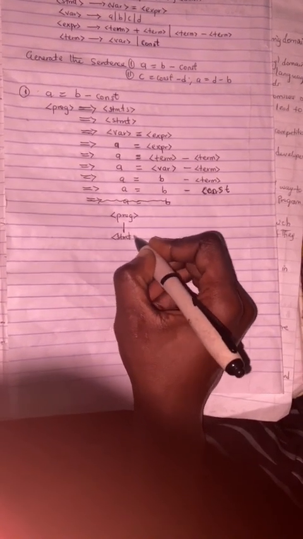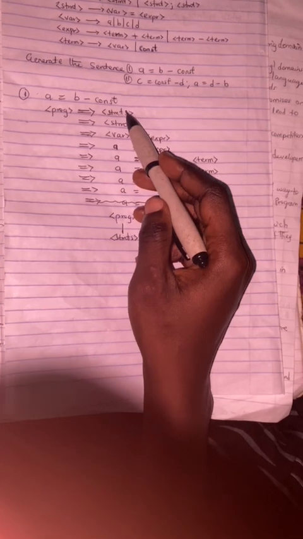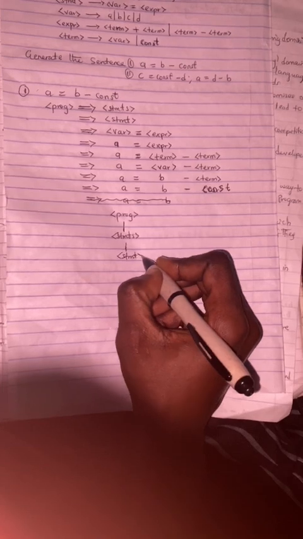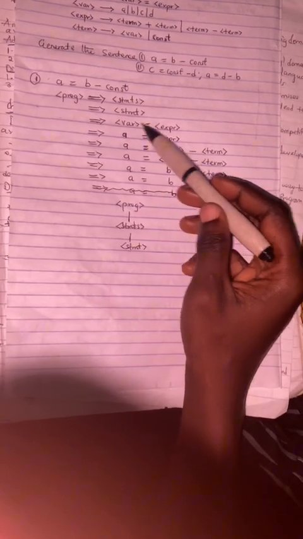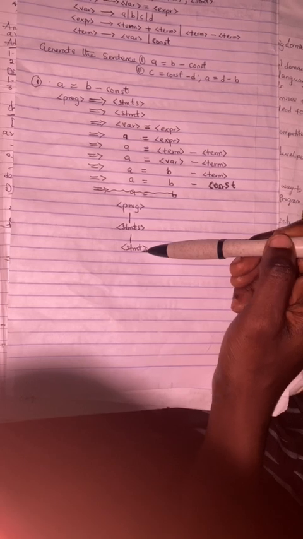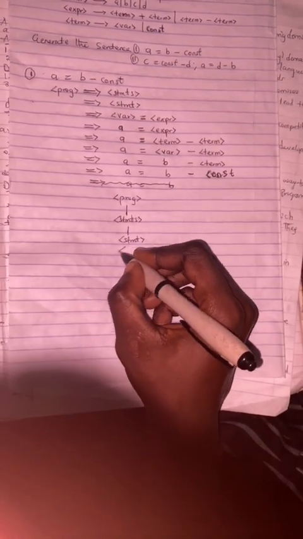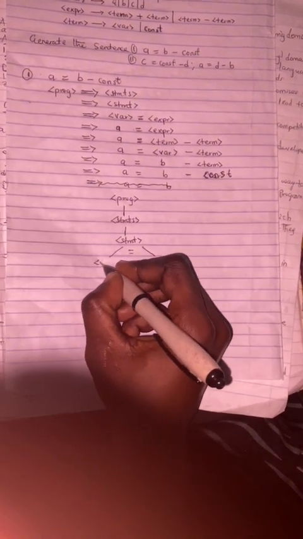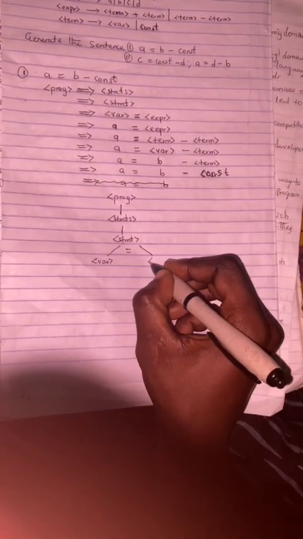Then statements with s yields just statement without s. Then this is where it expanded to branches. This statement gave us var equals expression. So we'll have a branch here. We have equals here. Here will be var, and here will be expression.